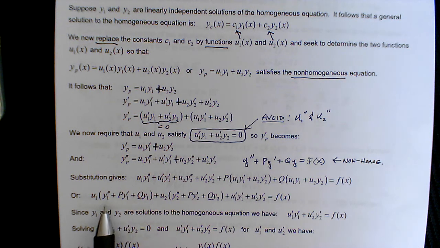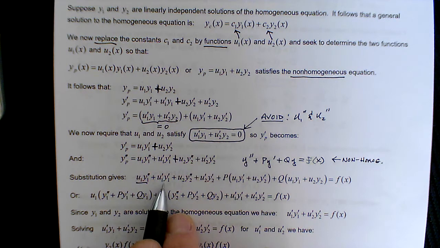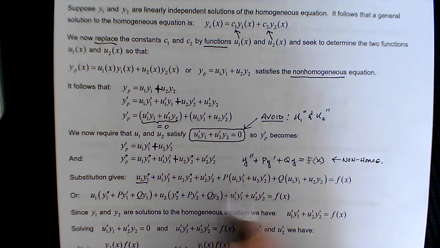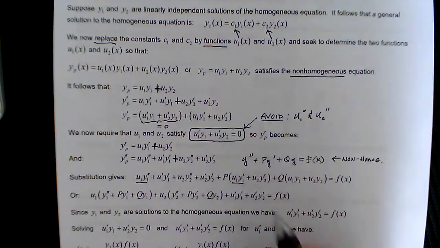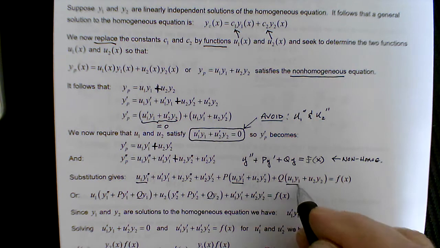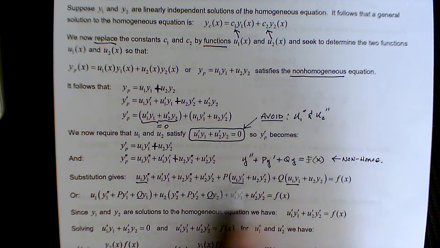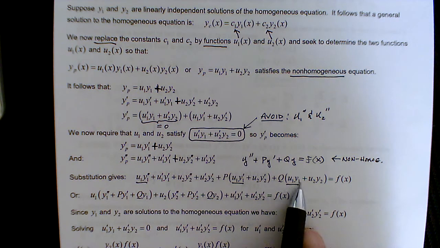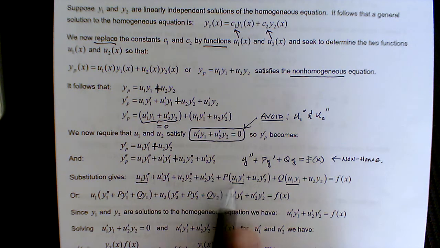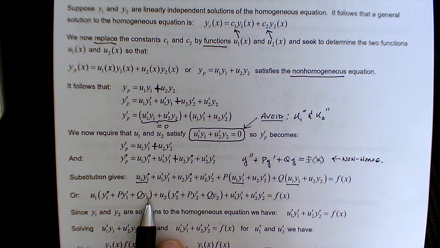And then we regrouped this so that we gathered all the terms containing u1 together. So if you look at just the u1s, we got that guy, this guy, and this guy. Okay, so we factored out a u1. There's the y1 double prime, there's the y1 prime, and there's the y1. And you see p is times y1 prime and q is times y1.